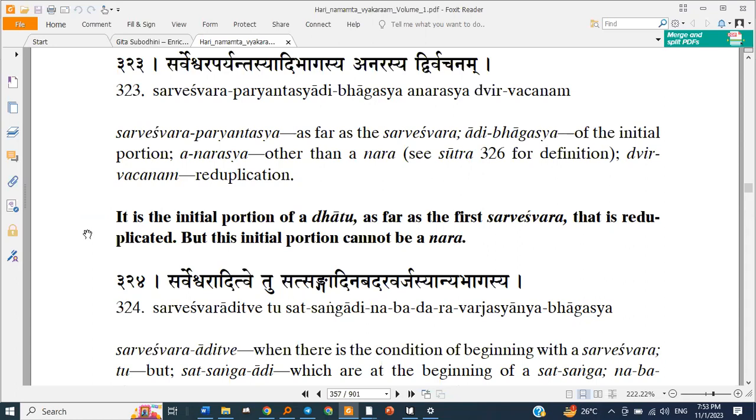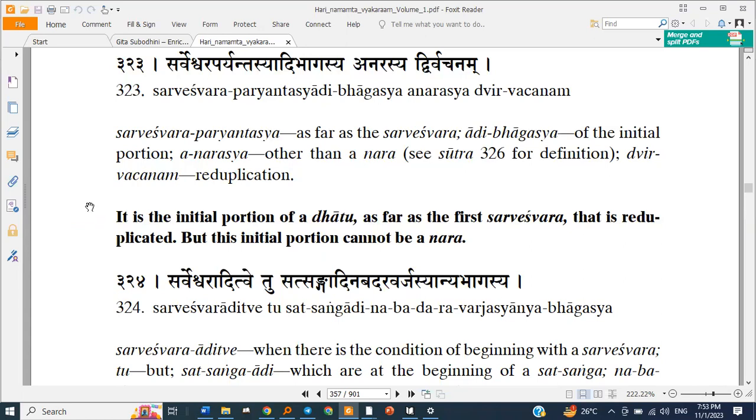But let's say if we have some dhatu where it is bigger, many dhatus would be there, then till what extent should we reduplicate the dhatu, till which letter and so on. It's not always the full dhatu which is reduplicated.